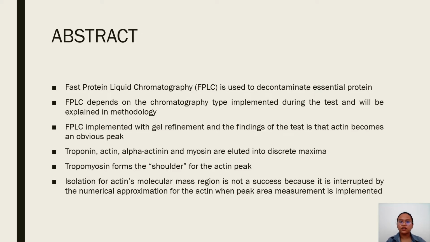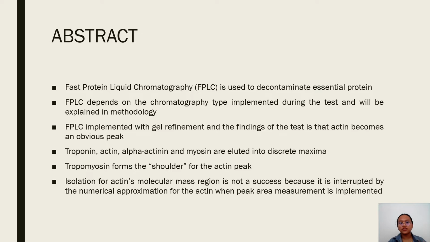The findings also depict that actin becomes an obvious peak, succeeding the gel refinement implementations in the mixture during the testing. Protein mixture troponin, actin, alpha-actinin, and myosins are eluted in two discrete maxima. Meanwhile, the tropomyosin seems to form the shoulder for the actin peak.